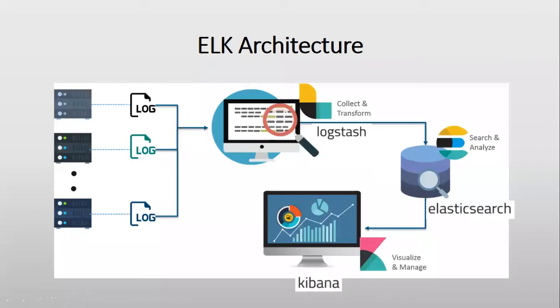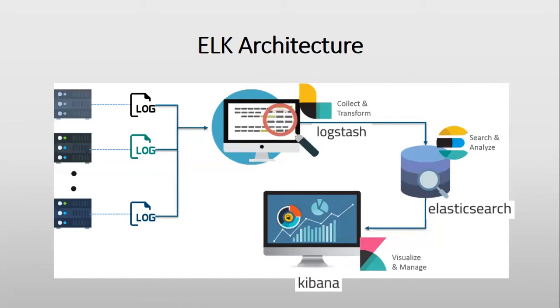This is the architecture diagram of the ELK Stack. If you look at the left hand side, these are the documents that are the input to the first tool, Logstash. That means Logstash is a tool which fetches the logging details from the documents.